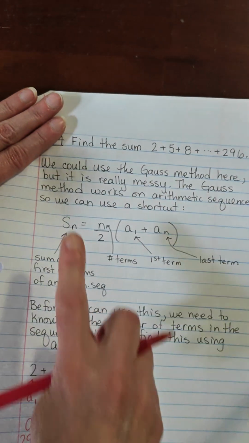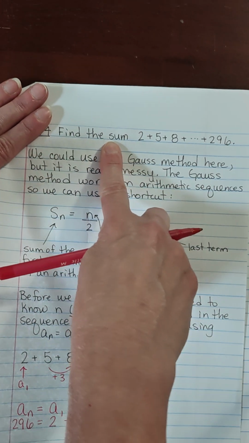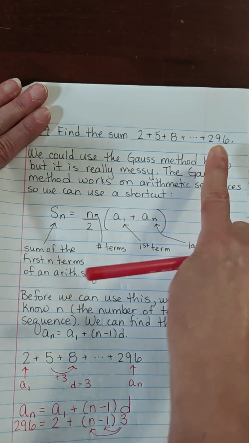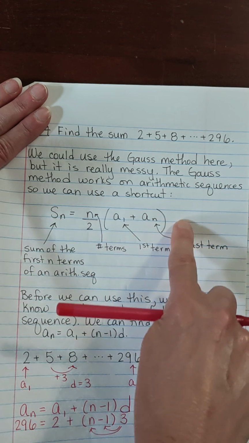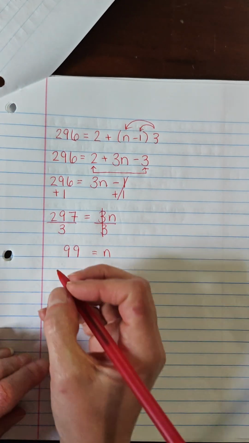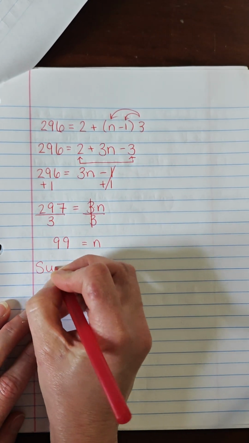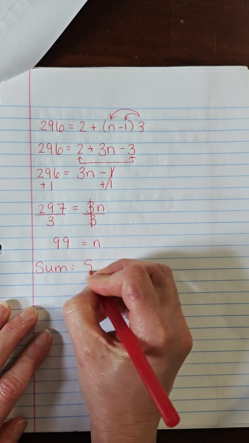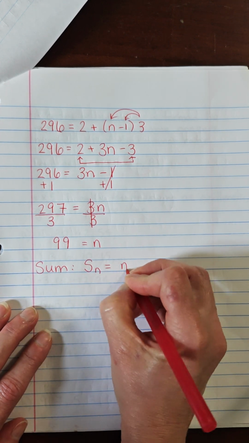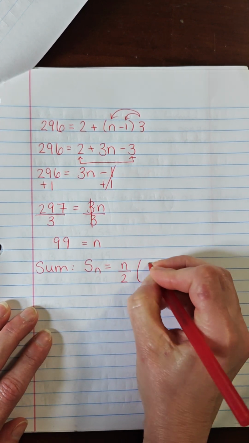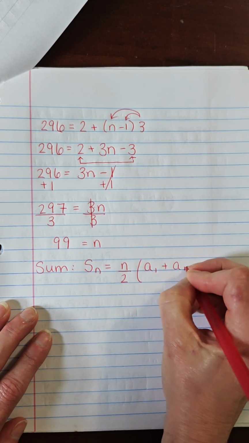Okay, now that's not my final answer. We'll go back. I want to find the sum of this sequence. I need to use this formula right here. All right, so the sum is S sub n equals n over 2 times the quantity a sub 1 plus a sub n.